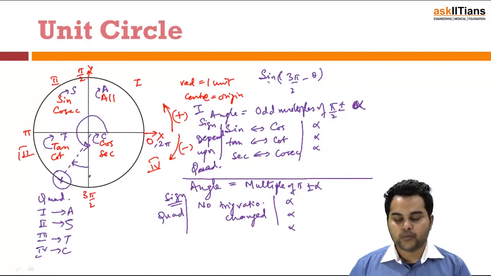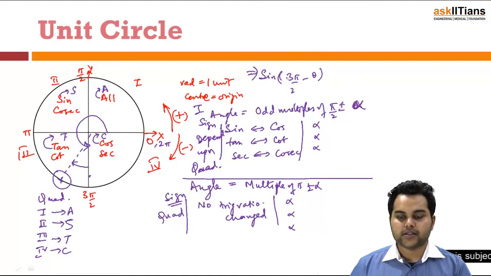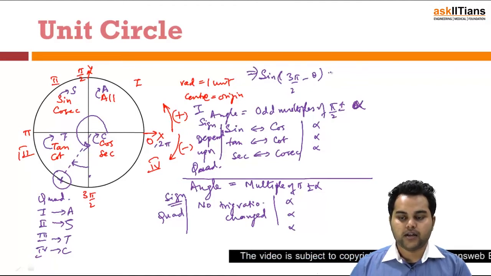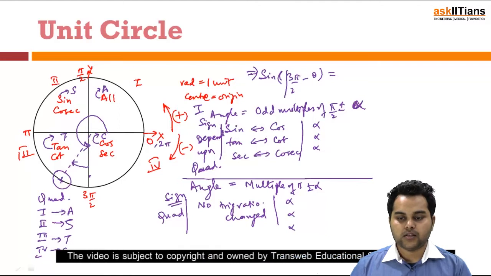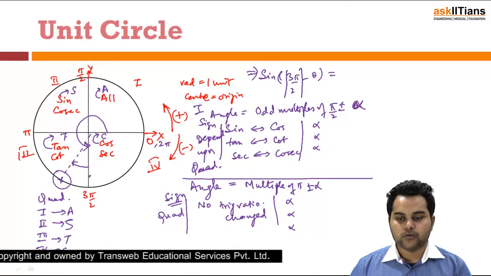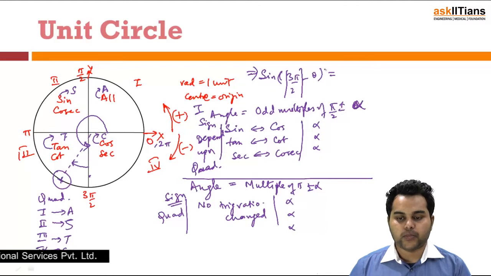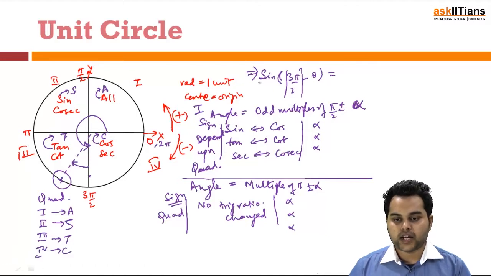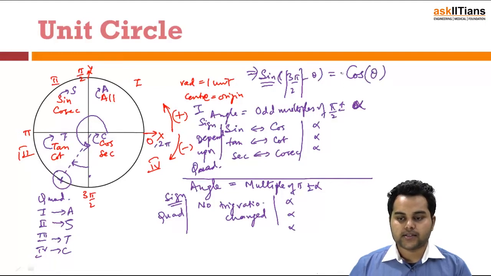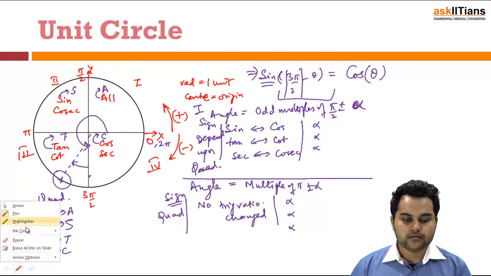I'll give you an example. I was working on sine of 3 pi by 2 minus theta. Now 3 pi by 2 is an odd multiple of pi by 2. So I will apply the first rule, that will give me sine would be changed to cos, and the angle would be theta, and for the sign, 3 pi by 2 minus theta would be lying in the third quadrant itself.